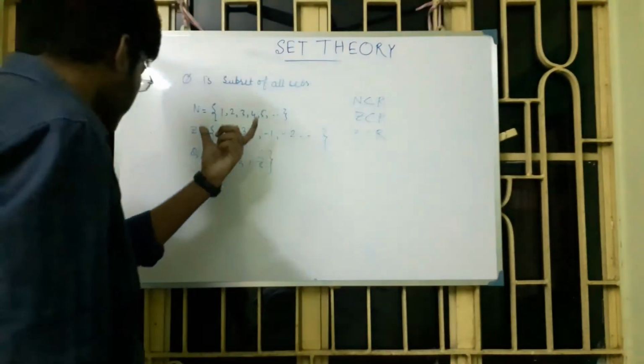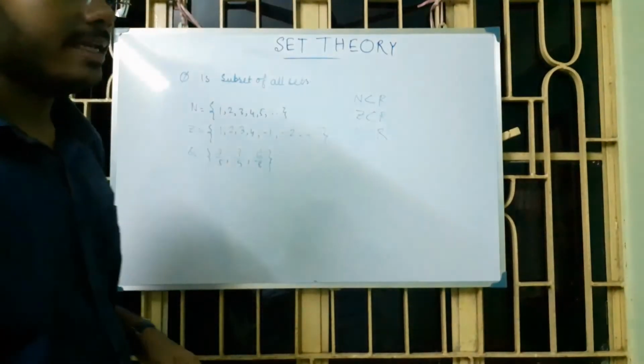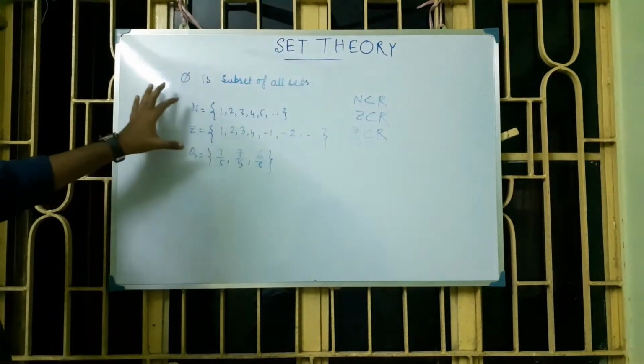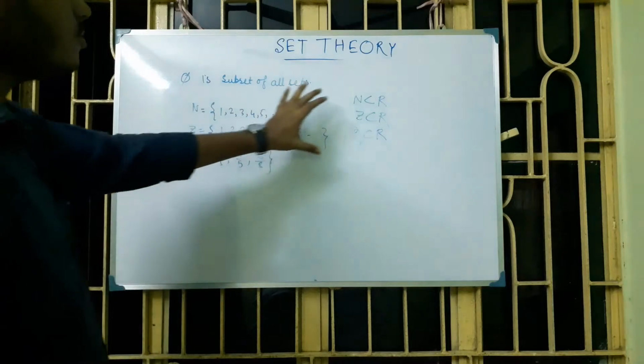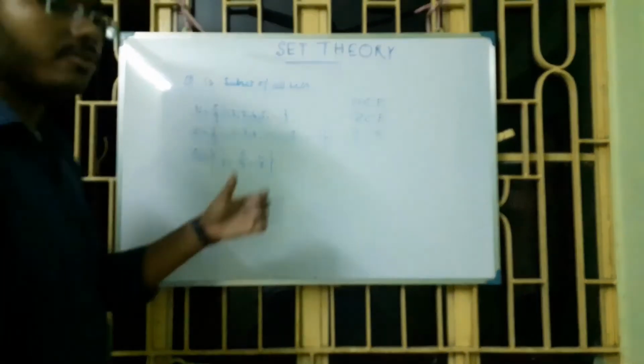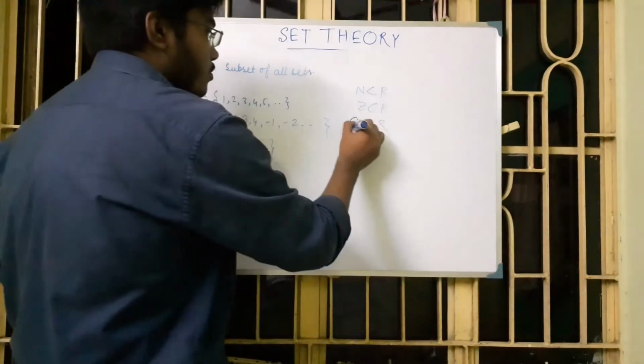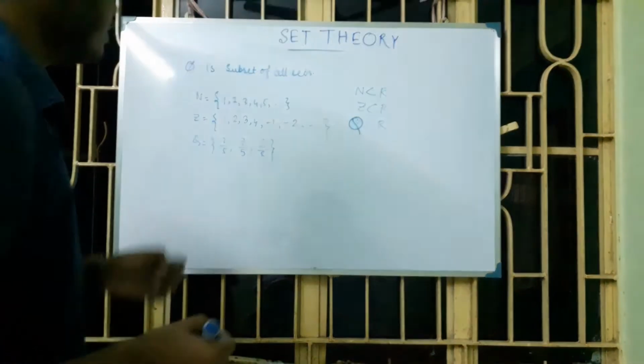All the elements present in these sets are also present in the set of real numbers. So N, Z, Q, everything is a subset of R.